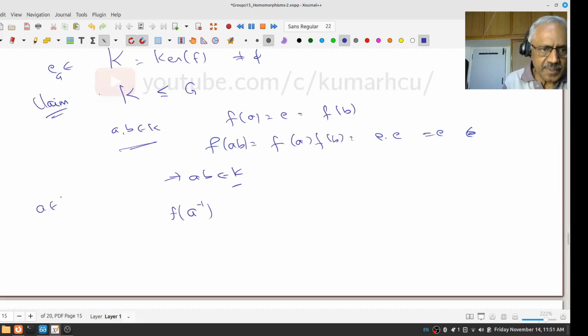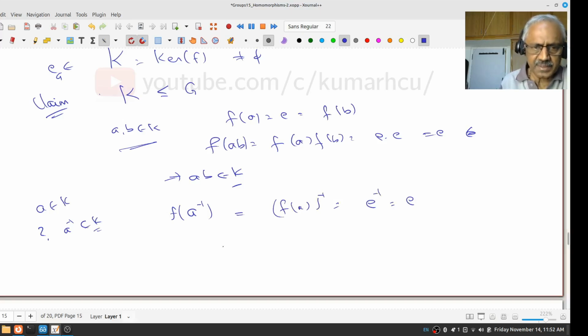If A is in K, I have to check whether A inverse is in K. f of A inverse is f of A inverse, but f of A is identity, so the inverse is identity. Therefore A in K implies A inverse is in K, and identity is already in K. Therefore, K is a subgroup of G.